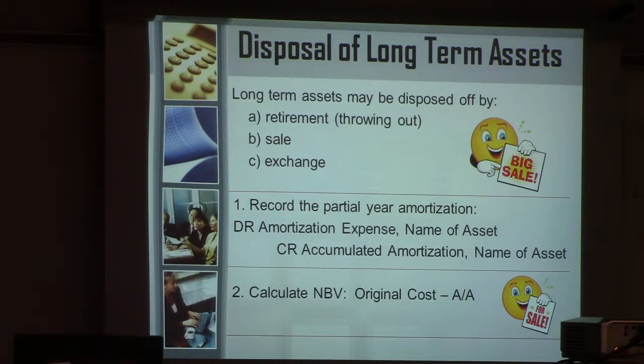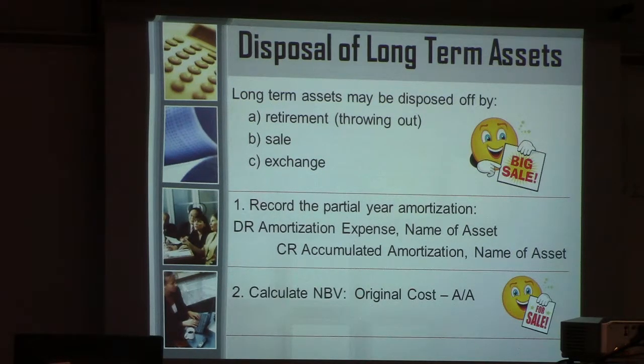Step number 1, you record the partial year amortization. Debit amortization expense, credit accumulated amortization. You record this right away at the time that you're going to sell or dispose of the asset. Second thing you do is calculate net book value at that point. Now that you've recorded the amortization expense for that partial year, you would have an exact accumulated amortization, and you can get an exact net book value by taking away accumulated amortization from original cost.